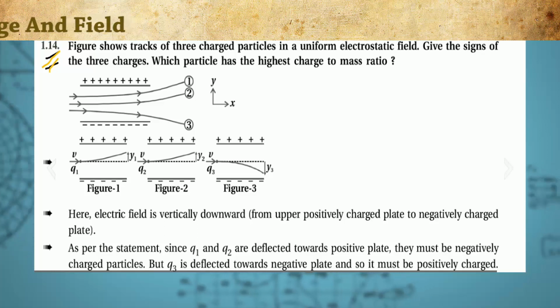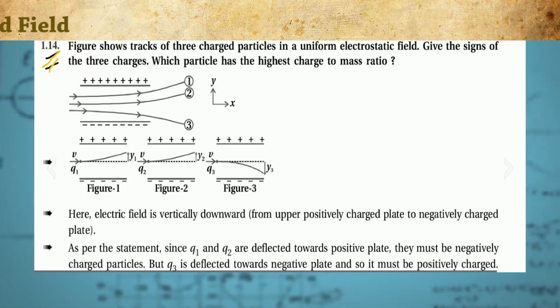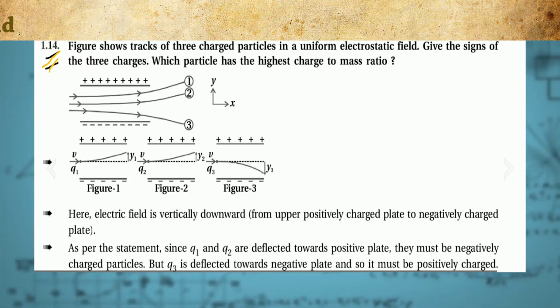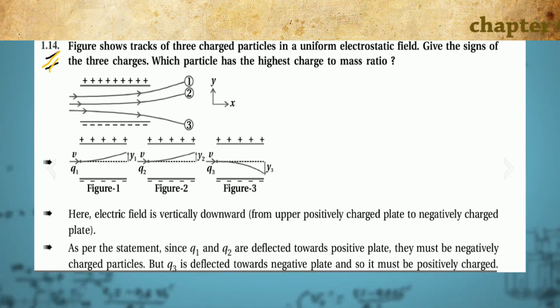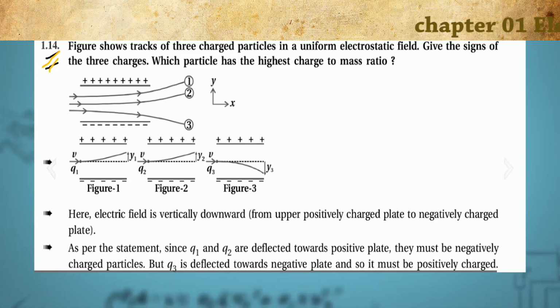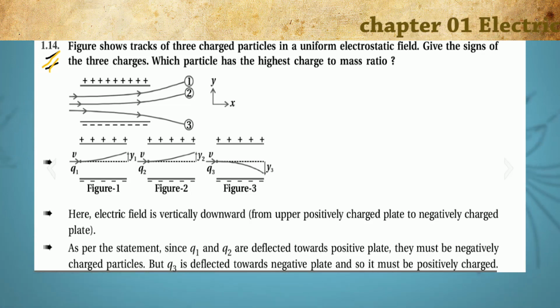In the given figure, the trajectories of three charged particles are shown in a uniform electrostatic field. Give the sign of the three charges.